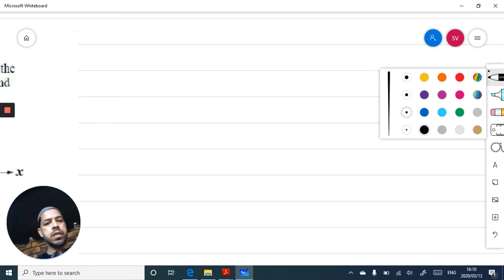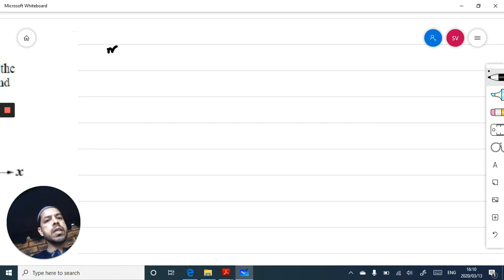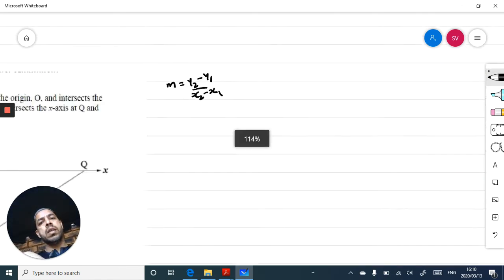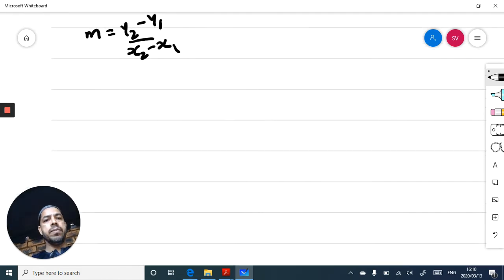the first thing I know from grade 9 is my gradient m equals y2 minus y1 divided by x2 minus x1. That's the first formula I know of. The second formula is the midpoint formula, where capital M equals x1 plus x2 divided by 2 and y1 plus y2 divided by 2.